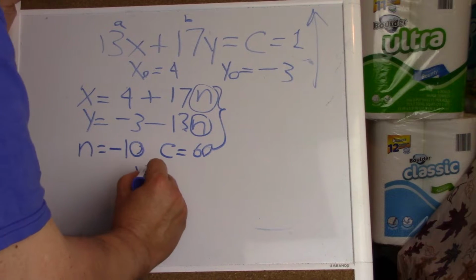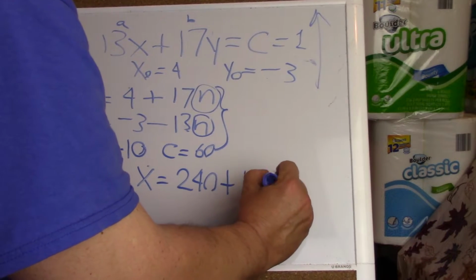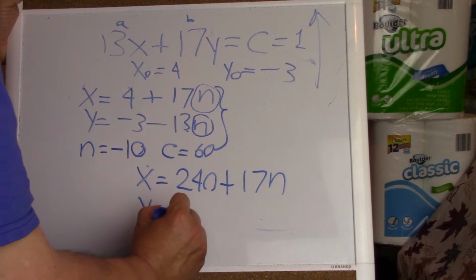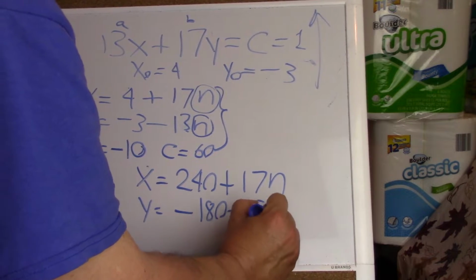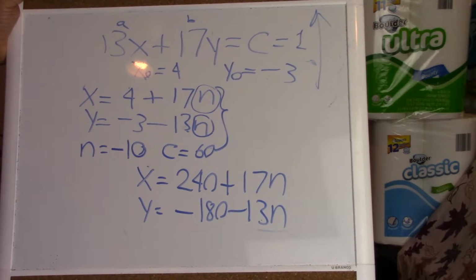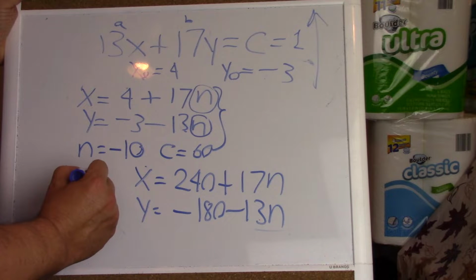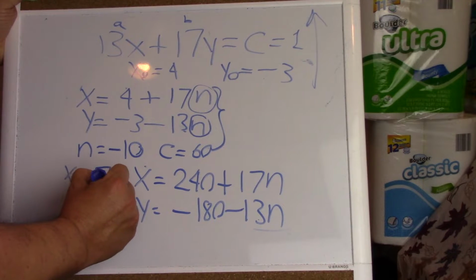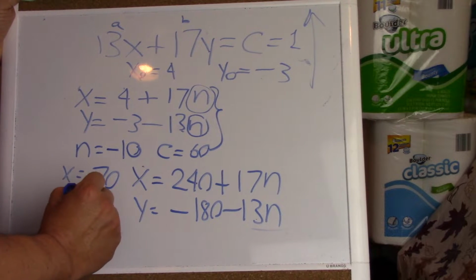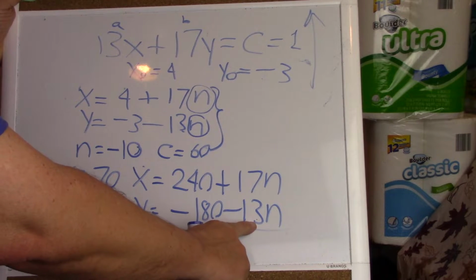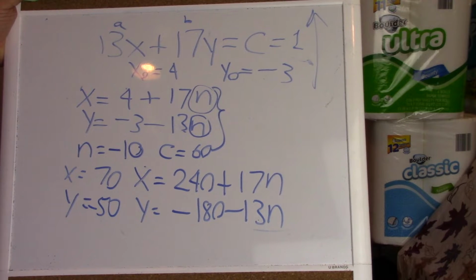So these equations become x equals 240 plus 17n, and y is equal to minus 180 minus 13n. And then when you plug in minus 10 in here, you get an x that is equal to 70, right? 240 minus 170 is 70. And then y is 130 minus 180, which is minus 50, right?